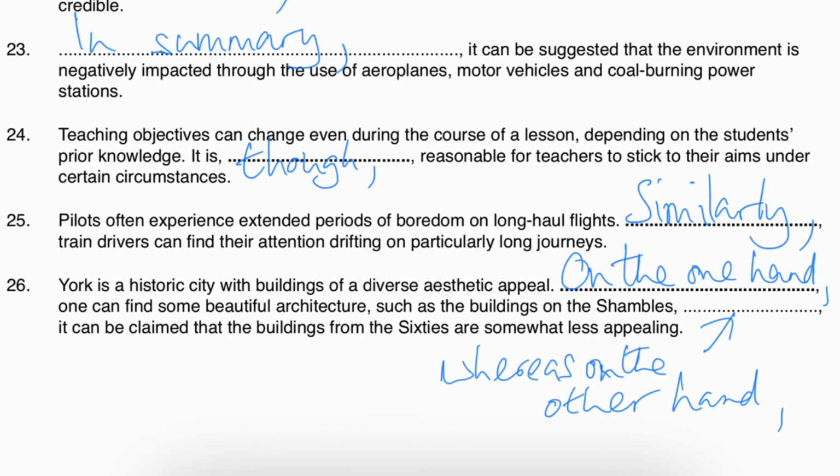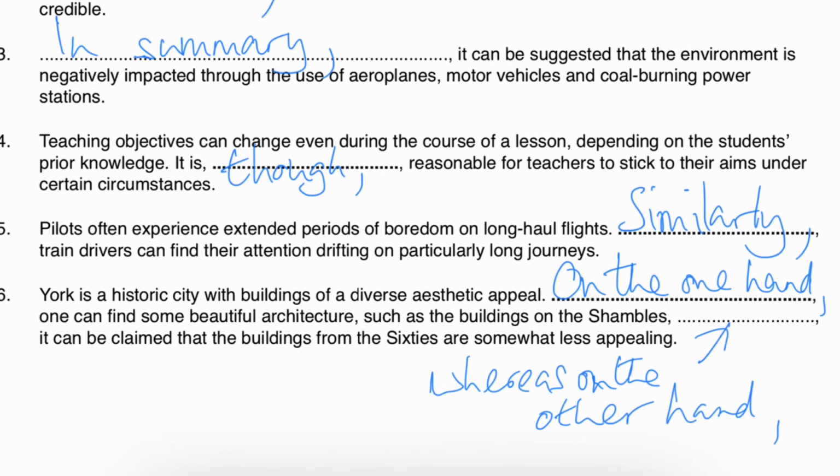And the reason why is that people often forget about the other hand. And so they write on the one hand, and then there isn't another hand, and I can't tell you how many hours of my life I have wasted looking for the other hand in students' work over the years. Of course, on the other hand can stand by itself, but if you start with on the one hand, you absolutely have to have the other hand as well.